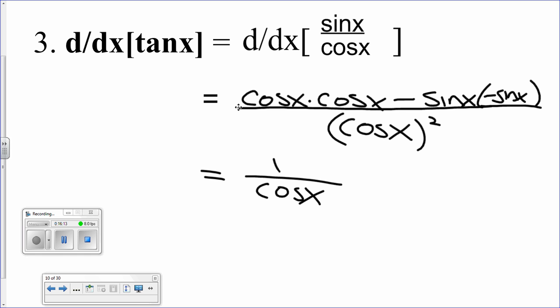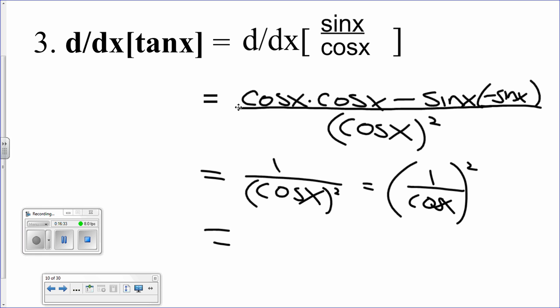Could it get better than this? Do you guys know what 1 over cosine x equals? Secant x. So this is the same thing as saying 1 over the cosine of x squared, right? So the derivative of tan x is secant of x squared.